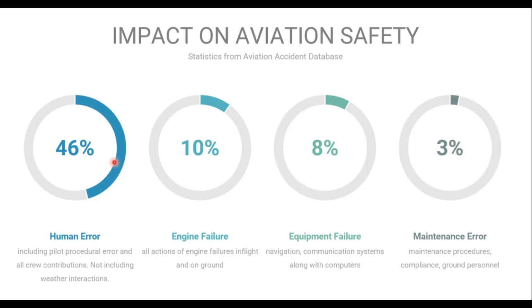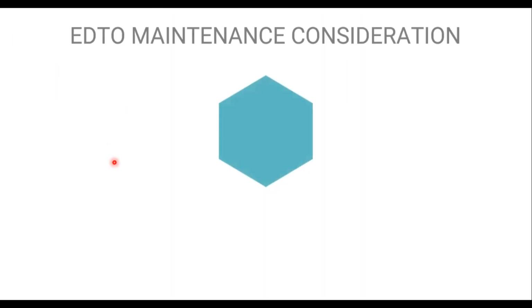And the other close to 50% comes from anything else: ATC, equipment, engine. And the maintenance error is only 3%, which is, yeah, we're happy to hear that.